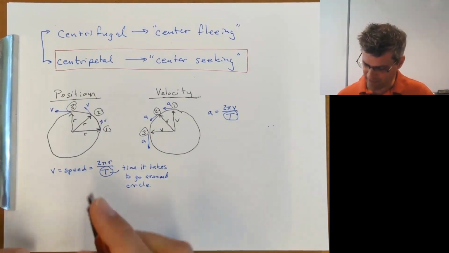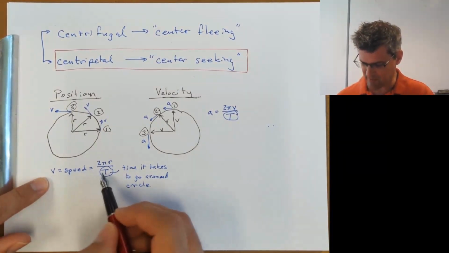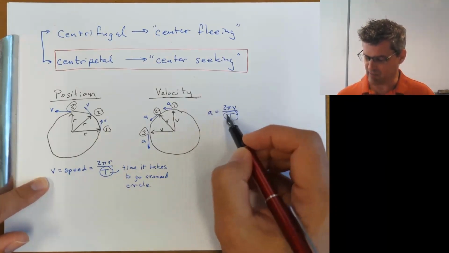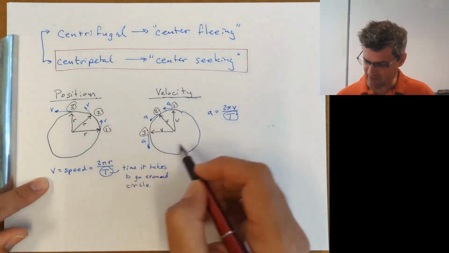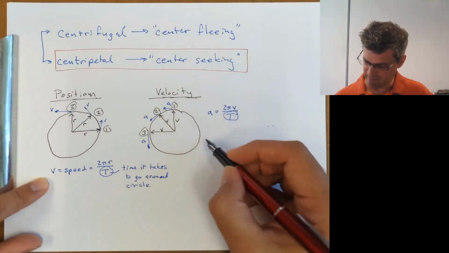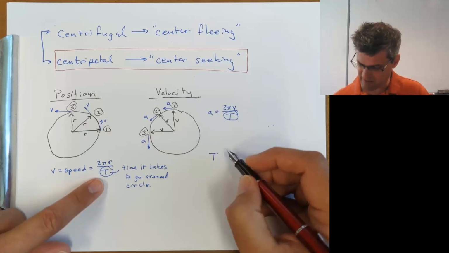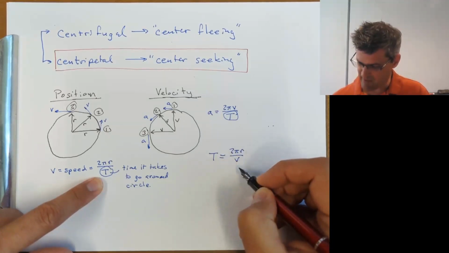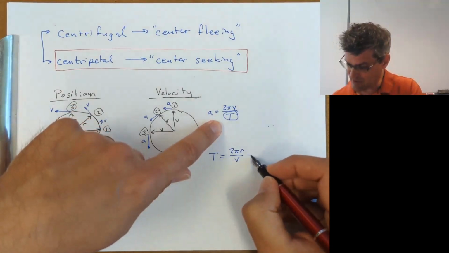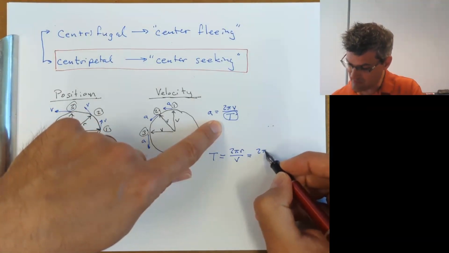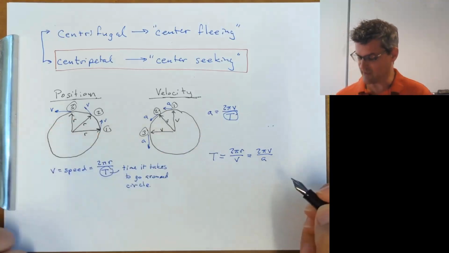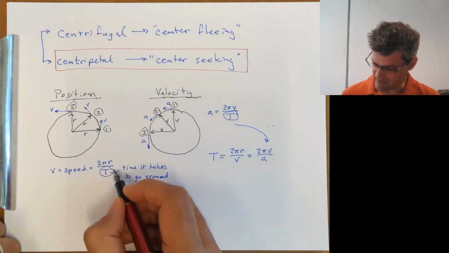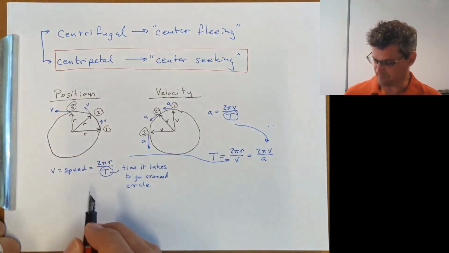So if we have this relationship for the speed of the particle that depends on time, and we have this relationship with the acceleration of the particle that depends on time, and these two times are the same, well then from the first expression, t must be 2 pi r over the speed, and t must also be 2 pi v over the acceleration. This t shows up here. This t shows up here.